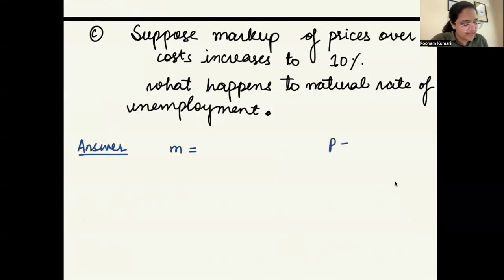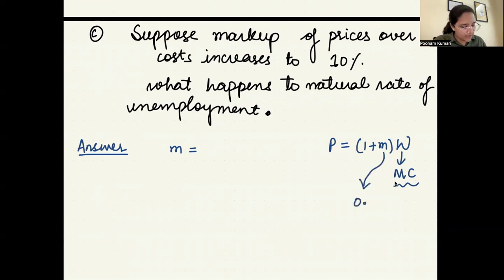My price is this now, and this W is nothing but my marginal cost. So my markup is this 5%, and 5% is 0.05. Everybody okay with this step? That M is 0.05?